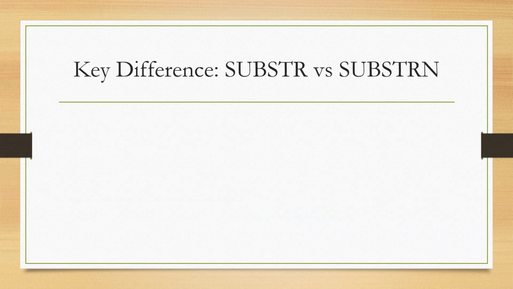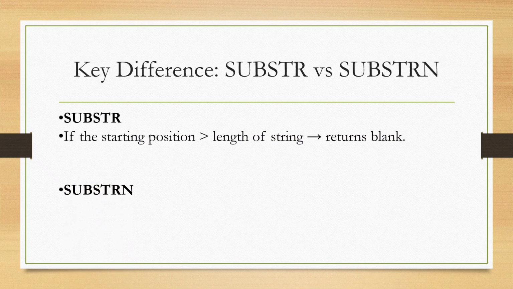Now let's understand the key differences between the SUBSTR and the SUBSTRN function. With the SUBSTR function, if the starting position is greater than the length of the string, it might return blank or it might even result in error messages.